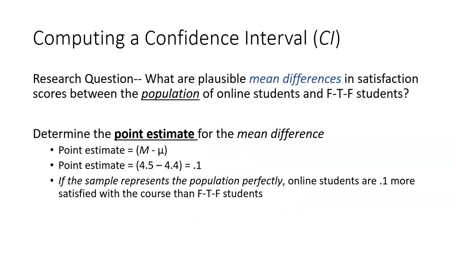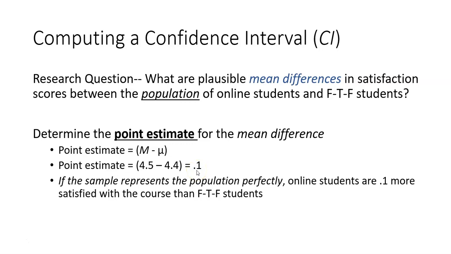Well, we start off with what's known as a point estimate. The point estimate is simply the mean difference between the sample mean and the population mean. Again, we've talked about it several times, that difference is 0.1.